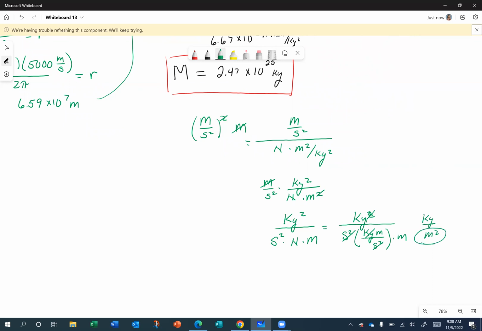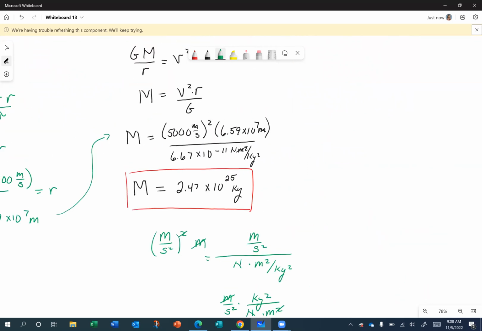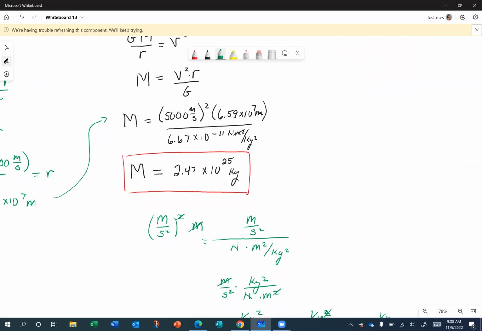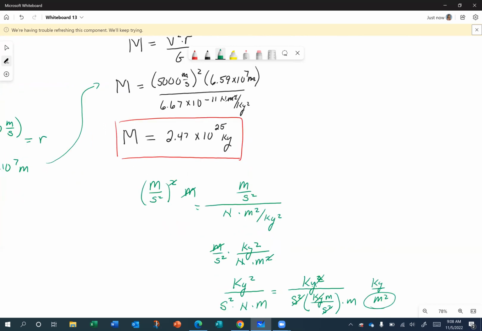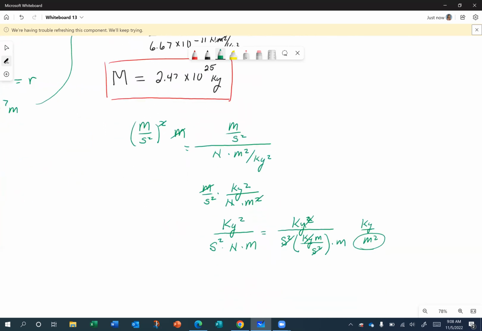So what do we do there? Let's see. We should end up with a kilogram. That was on the top, times a meter, because we had V squared times R. Got rid of one of those, left the meter per second squared all over units of G, Newton meter squared per kilogram squared.